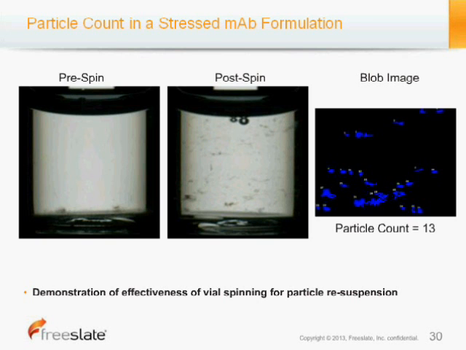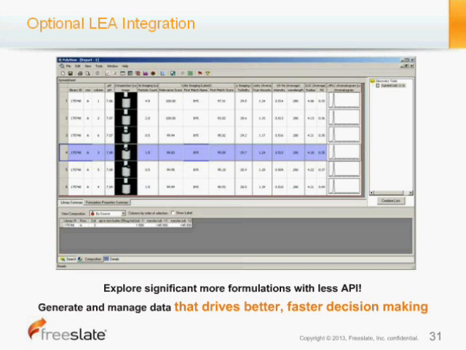As an option, customers can get the system with a full implementation of the LEA software. The advantage is that with a full implementation of LEA software, you can also integrate data from your UPLCs, your UV spectrophotometers, and other analytics.